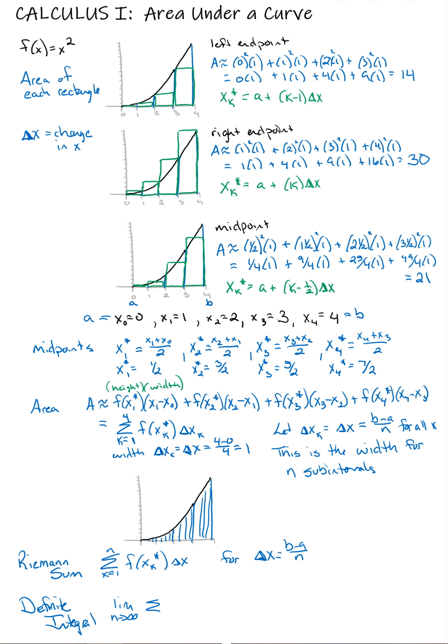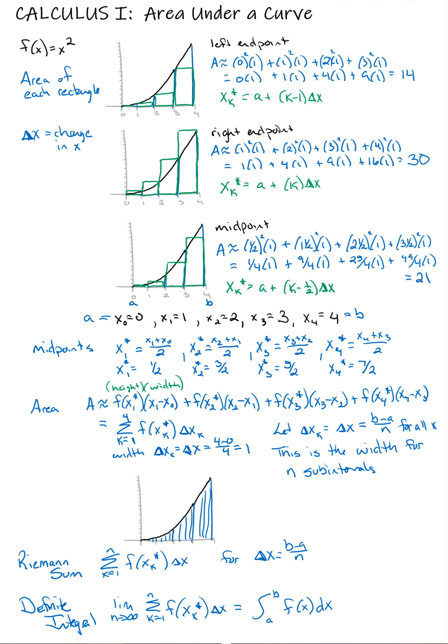So if we take the limit as n goes to infinity of the sum, k goes from 1 to n, of f of x sub k star times delta x, that gives us the integral from a to b of f of x dx, also known as the definite integral.